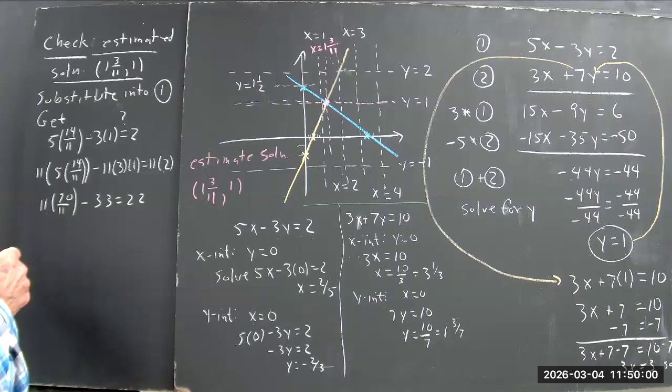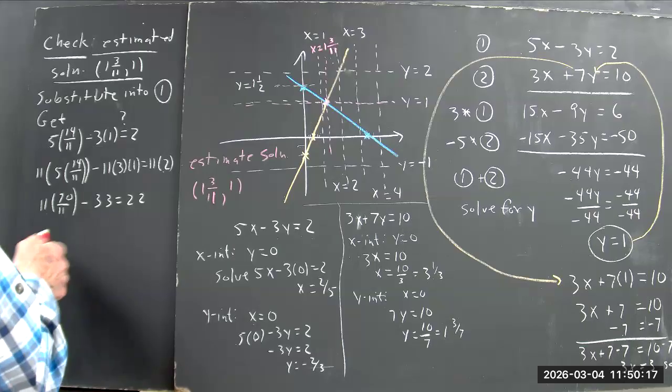There's something wrong here. Okay, well, I get what I get. And I'm going to get 37 equals 22 out of this.